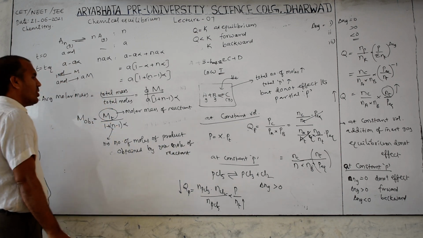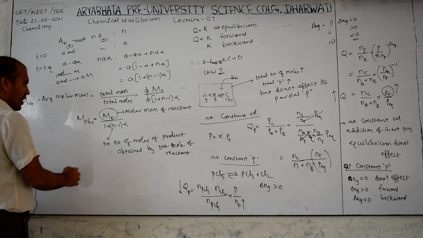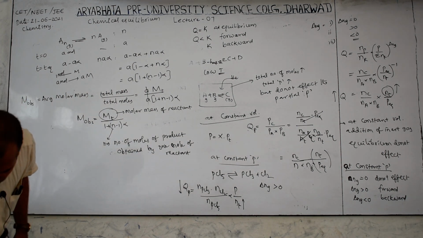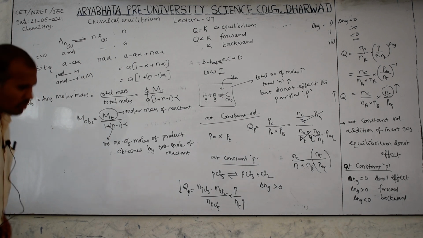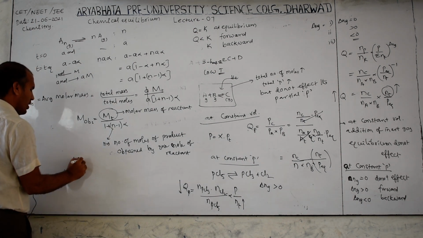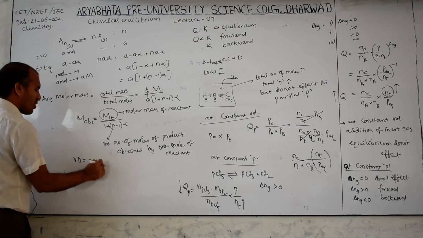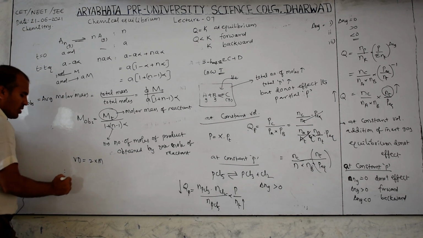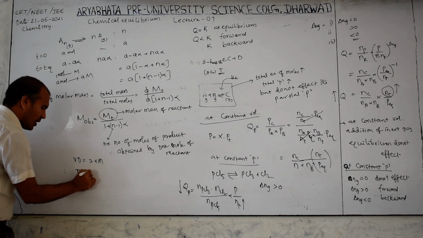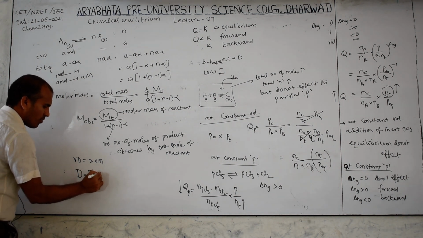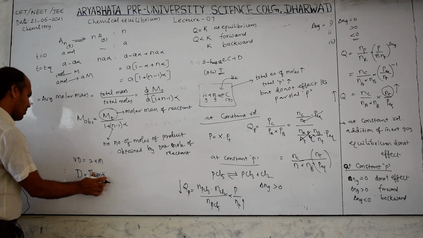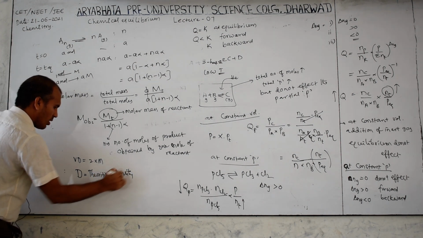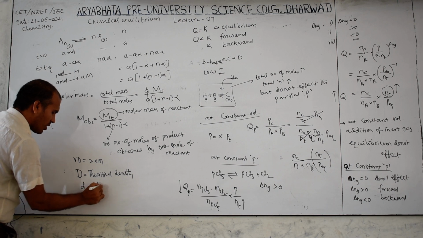So this formula they may directly ask in the examination. Another one based on this: we know vapor density is equal to molar mass by 2. You can apply it here, where D is theoretical density and small d is observed density.